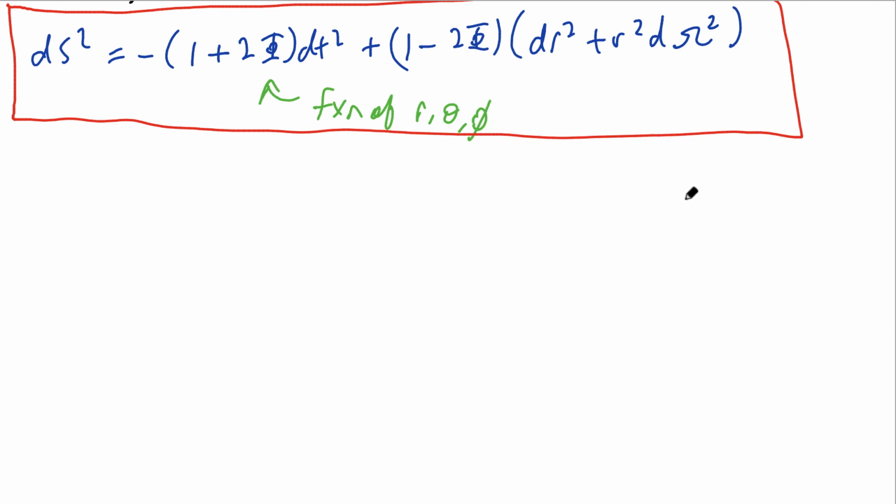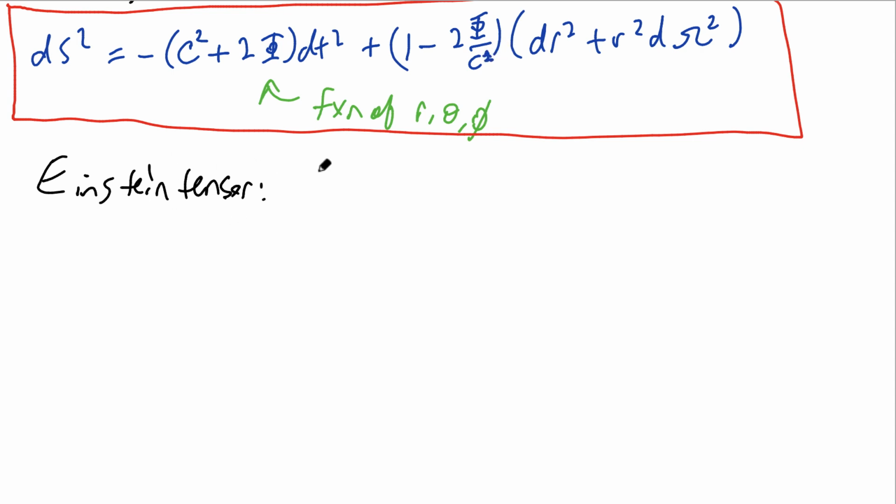Now let's take this static weak field metric in terms of the Newtonian potential phi and compute the Einstein tensor. In doing this calculation, it's helpful to restore the factors of c, the speed of light. So there's a c squared here, and there's also, this is actually phi divided by c squared.